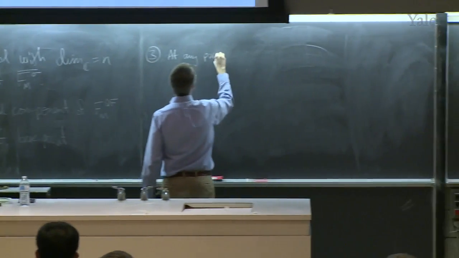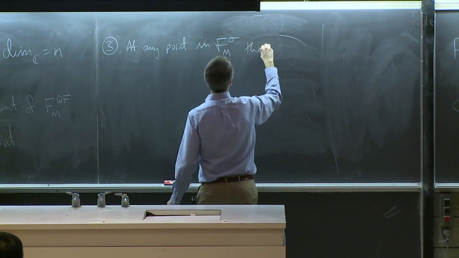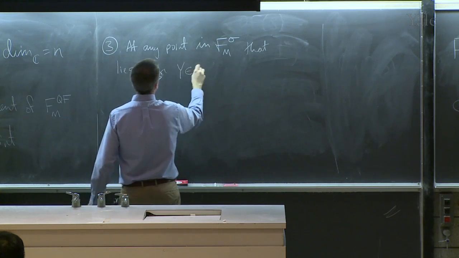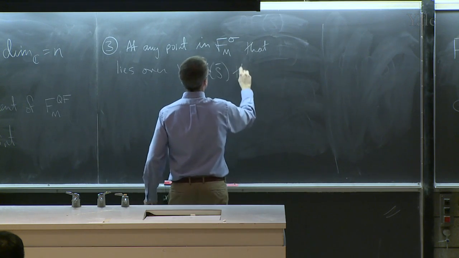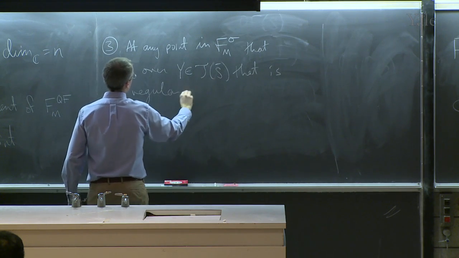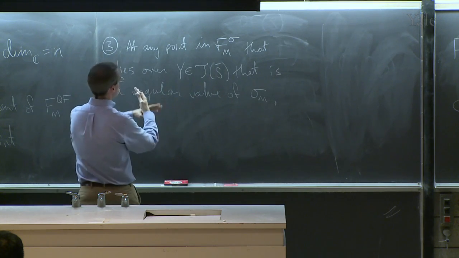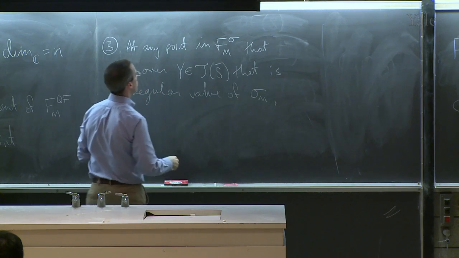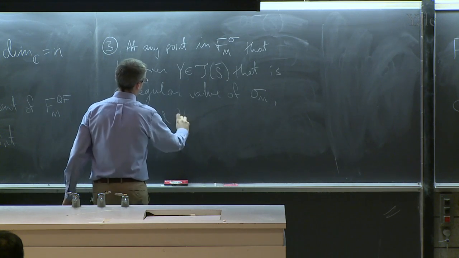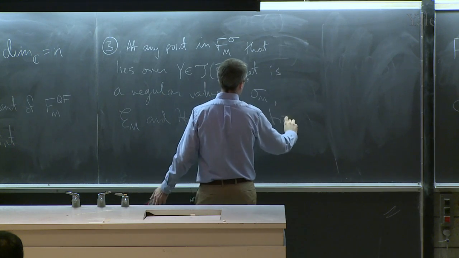At any point in Fm sigma that lies over y in Teichmueller space that is a regular value of the skinning map, the two submanifolds whose intersections define Fm, Em and Hy, intersect transversely.